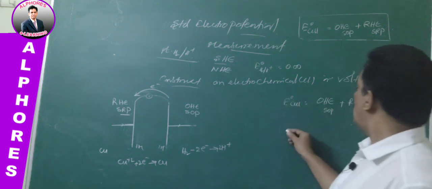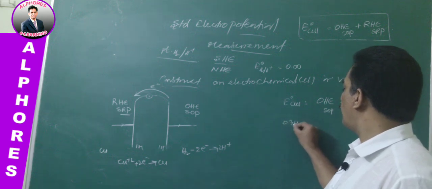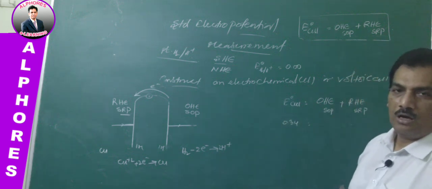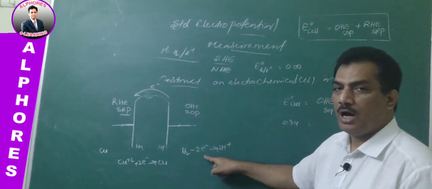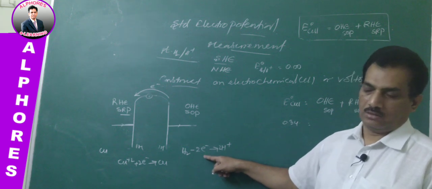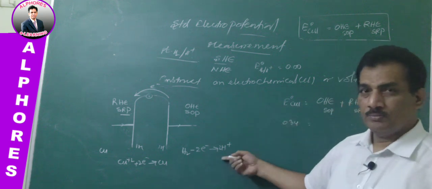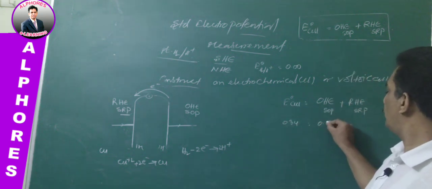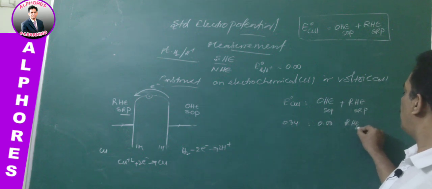And now the cell value is found to be 0.34 volts. And what is that value? Here OHE is hydrogen. Already we know that the hydrogen electrode potential, either standard reduction potential or standard oxidation potential, is equal to 0. So it is 0, and this is the RHE SRP.